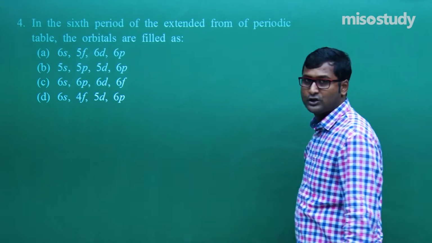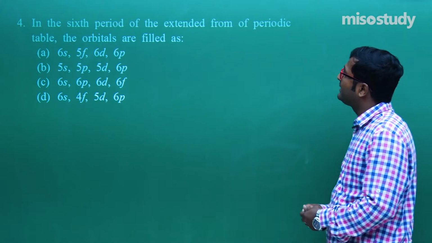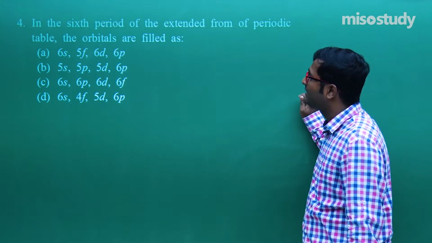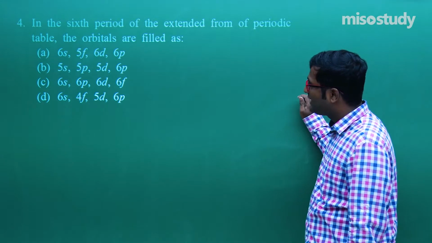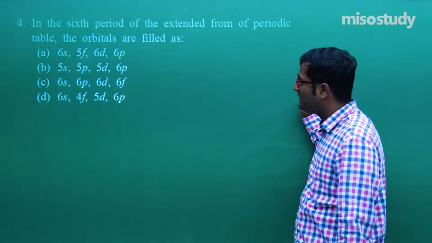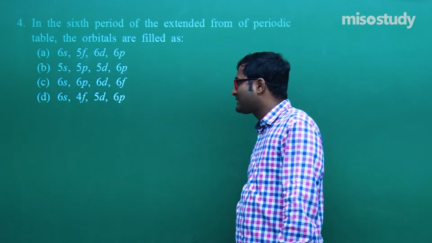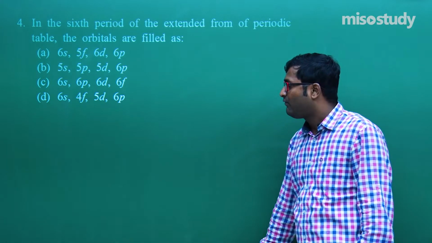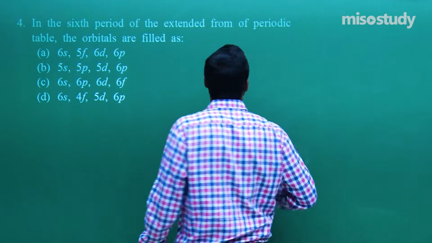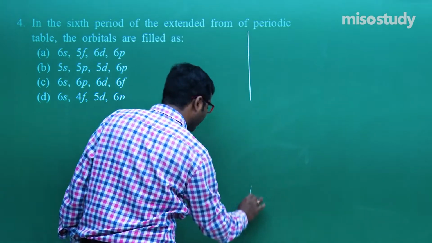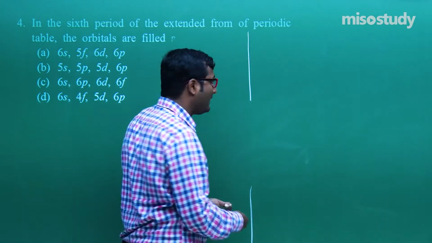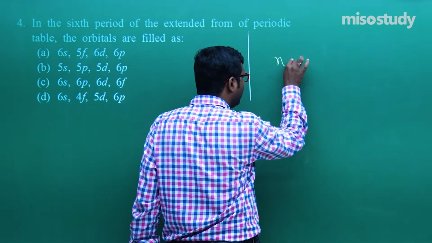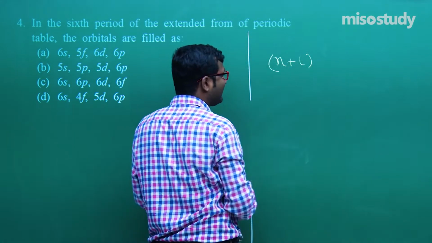Now question number 4. In the 6th period of the extended form of the periodic table, the orbitals are filled in which order? How to fill them? Check out what I'm telling. As I told you, electrons will be filled by using the n plus l rule.